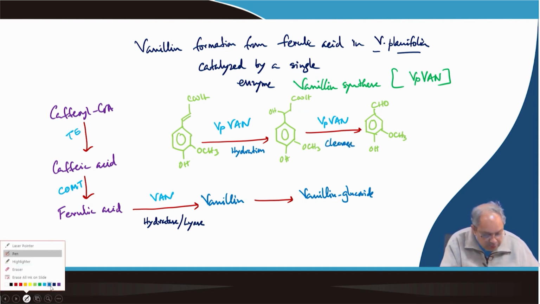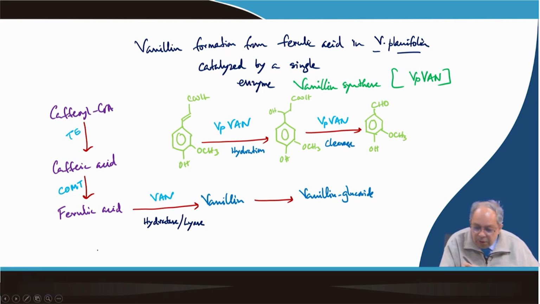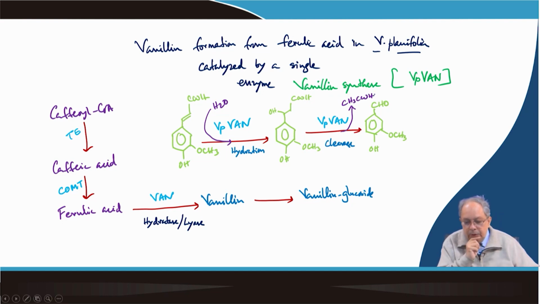Here a molecule of water is added, and with this acetyl CoA is removed, or acetic acid is removed, no CoA is involved. So, basically this may be a CoA independent way of vanillin formation, where from ferulic acid it makes an intermediate.